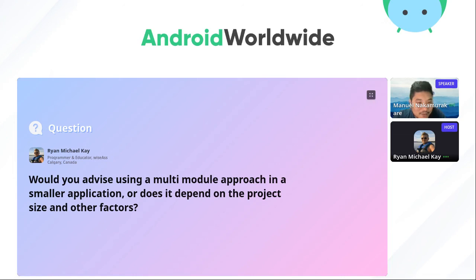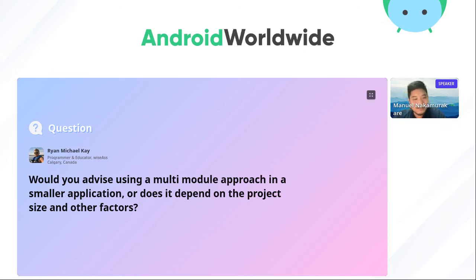The question: would you advise using a multimodule approach on a smaller application, or does it depend on the project size and other factors? I don't think there is a right or wrong. This is why I think software engineering is interesting. I would say that if your app is not big enough, trying to modularize it might be more work than it's worth.